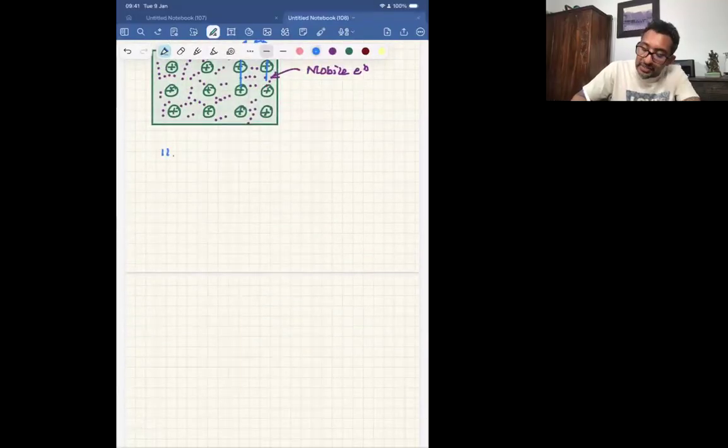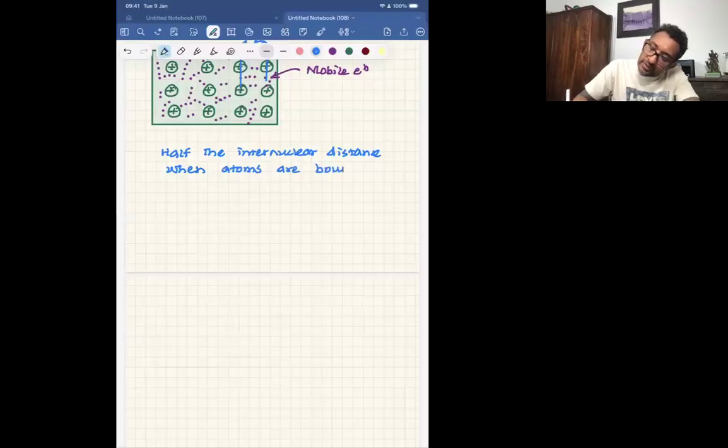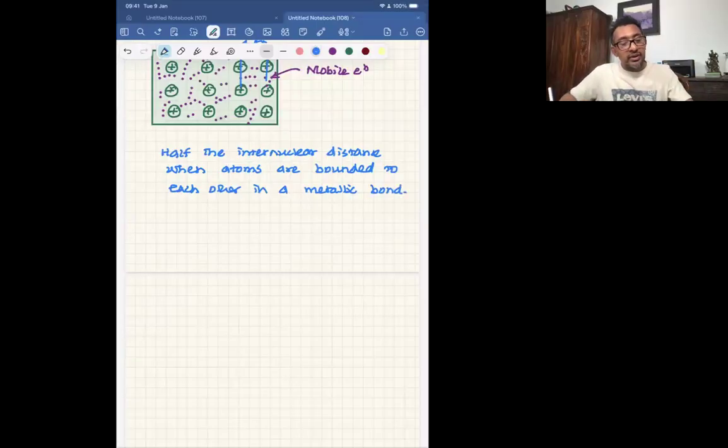I'll write it, as somebody asked me to write it down: half the internuclear distance when atoms are bonded to each other in a metallic bond. Did you understand that?